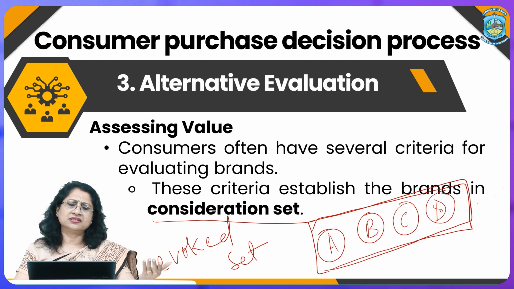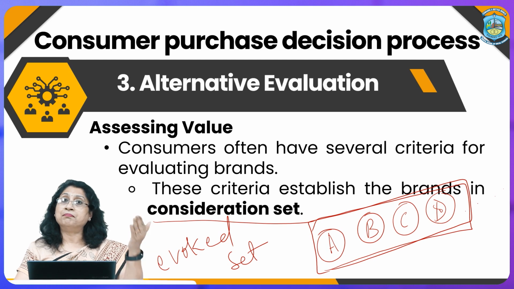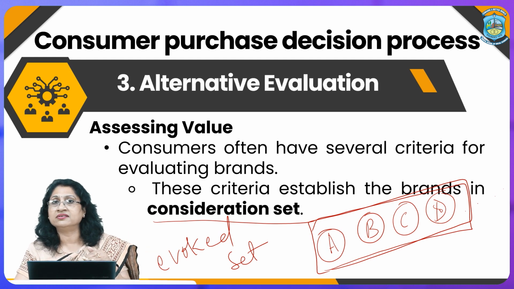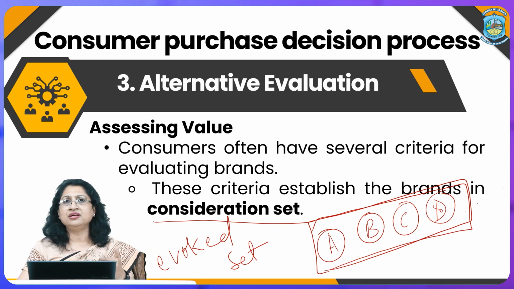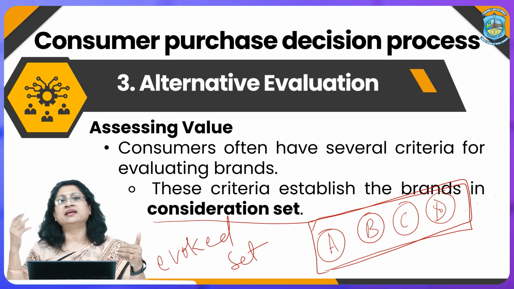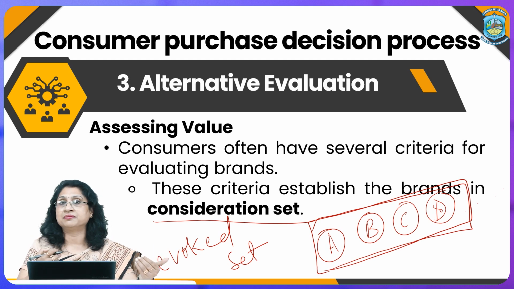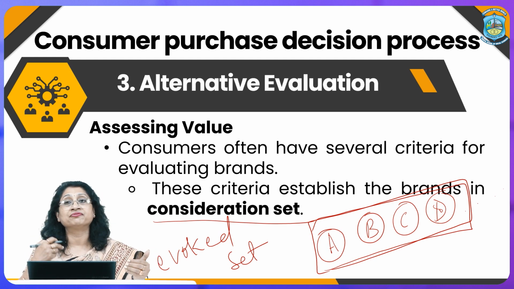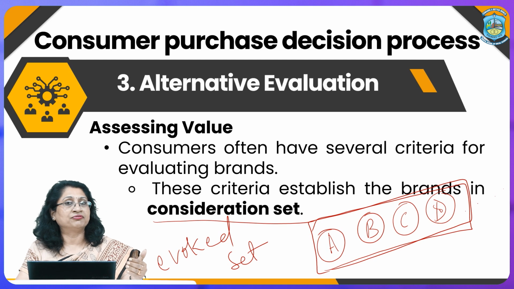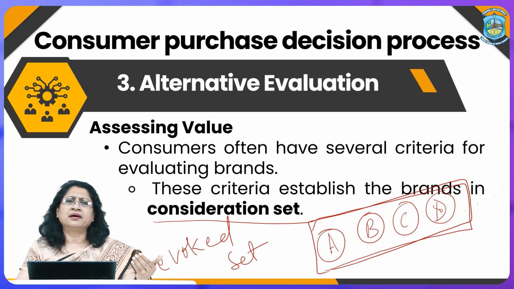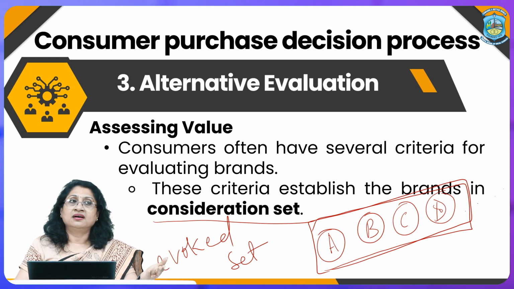I may evaluate it according to my need, not necessarily the same as somebody else's evaluation, because my priority and my utility of that particular product will be different than somebody else's utility of that particular product. I may not be wanting a good camera, but I may be wanting a good storage. I may not be wanting to afford high price.